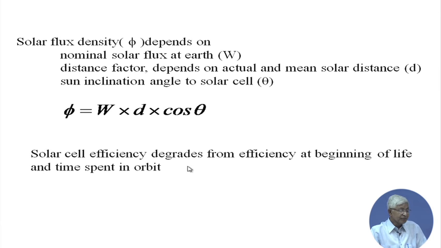Now one more thing, the solar cell efficiency, as I said, because of various reasons, will degrade from the beginning of life to the end of life, and that depends on how much time it has been exposed to the sun and spending its life in the orbit.